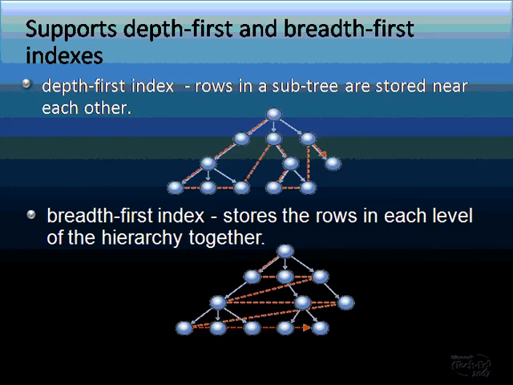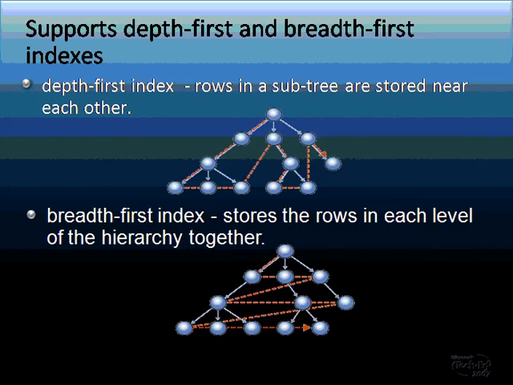Another index semantics we also provide is called breadth first index. What that means is we store the rows on each level, basically directly reported to the child, to the parent. All the direct children will be stored near each other. In order to create this index, it needs to be a component index.